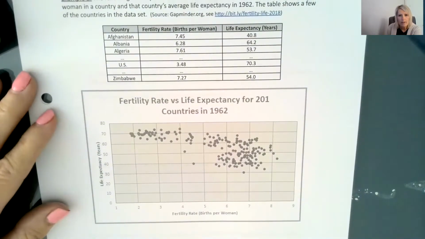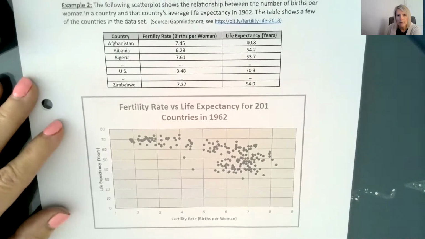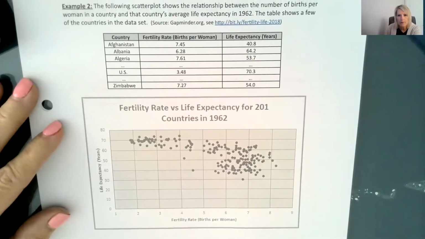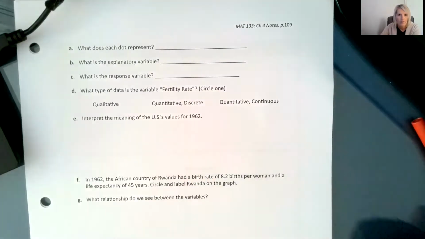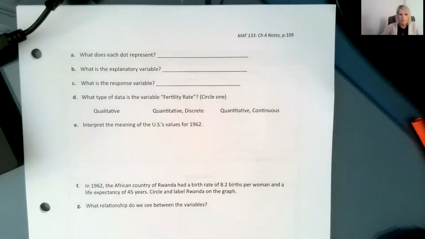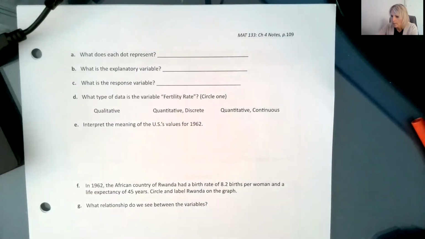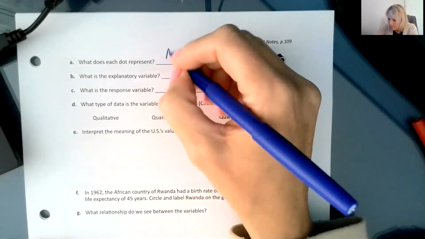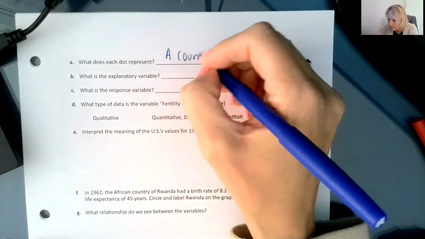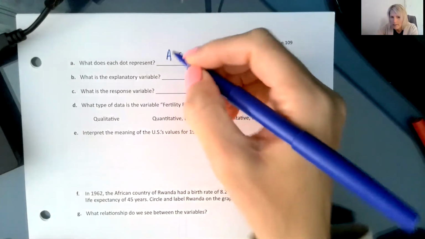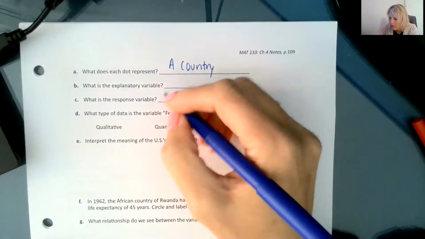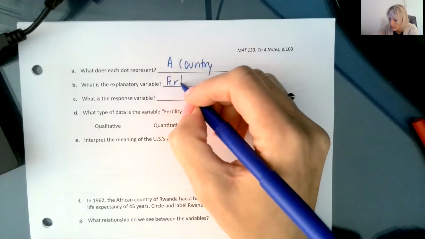So go ahead and get familiar with this data and then flip to the next page. So on page 109, it says, what does each dot represent? Each dot on this graph on page 108 represents a country. What is the explanatory variable? That is the fertility rate.